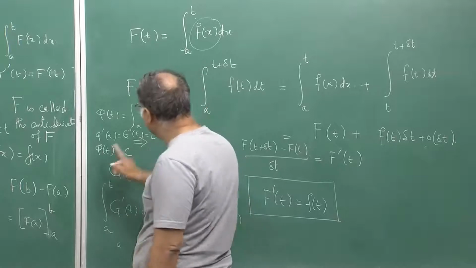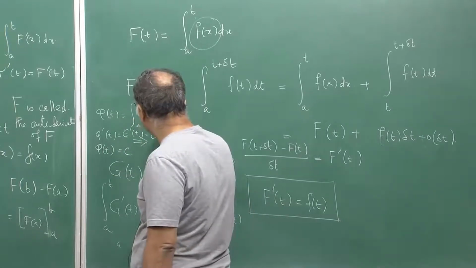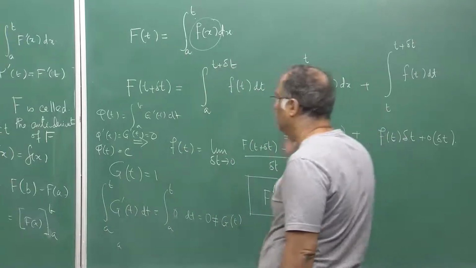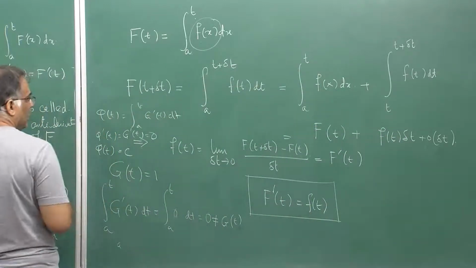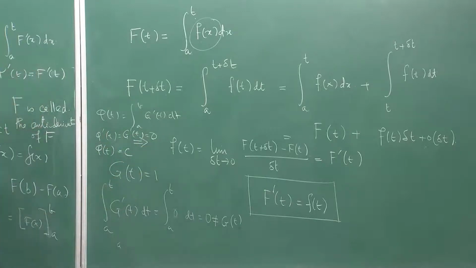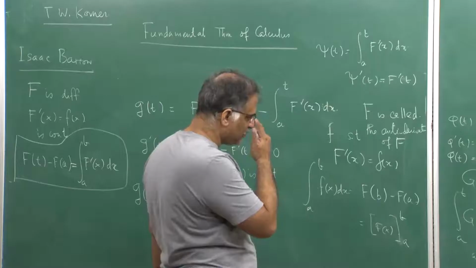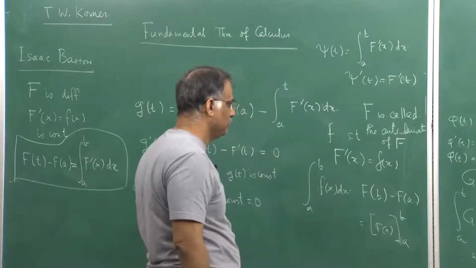So no, the integral a to b of g dash t dt represents this 0 function, because if you call it phi t, then phi dash t should be g dash t and phi t should be equal to c.